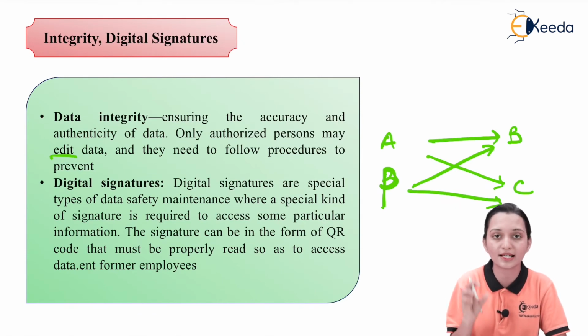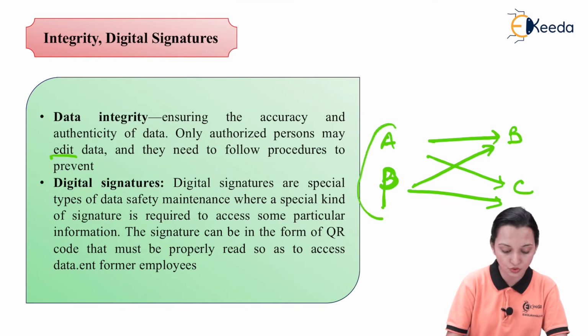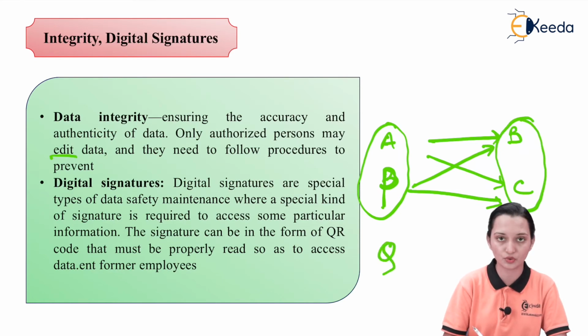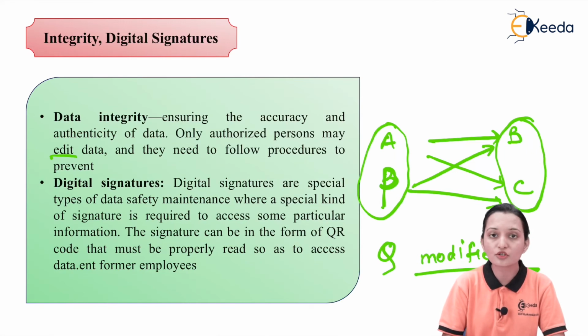Protocols means what? Rules and regulations which are assigned for good communication. So what kind of protocols do they have to follow, or why do they need to follow the protocol? Because besides these two authorized persons at the sender side and at the receiver side, suppose there is some unauthorized user or party who will try to modify the message, then C or B, that means the receiver, may assume that the modification in the message was done by A and P. But actually it's not correct.